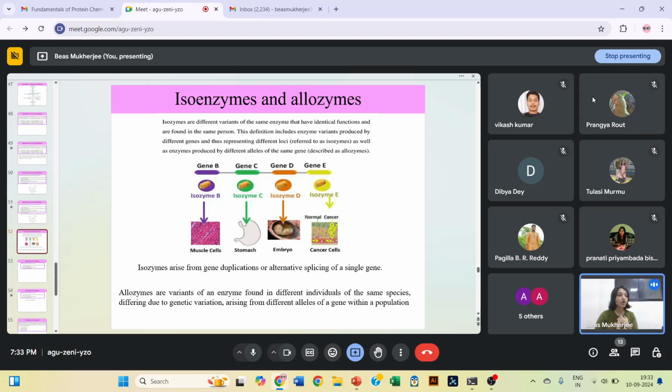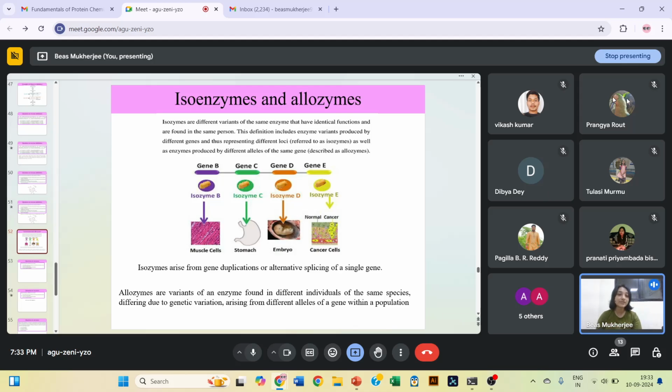A single individual will not have I, IA and IB at the same time. Similarly, your allozymes are present across the population. So they are variants of the same enzyme found in different individuals within the same species, differing due to genetic variation arising from different alleles of a gene within a population.